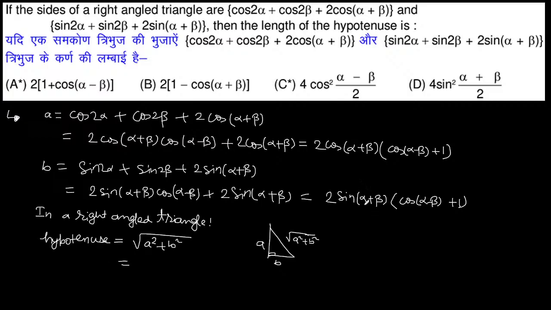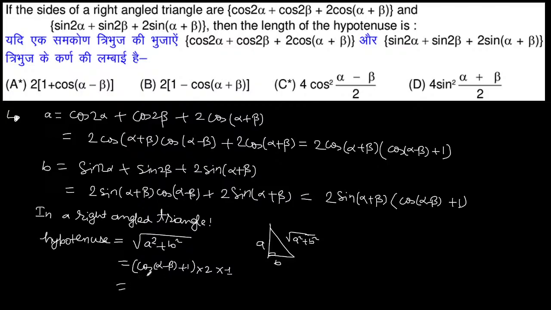So A square is nothing but 4. Cos alpha minus beta plus 1 will come out to be common. We have 2 common, and we have cos square alpha plus beta plus sin square alpha plus beta as 1.